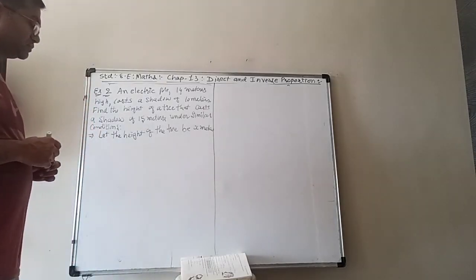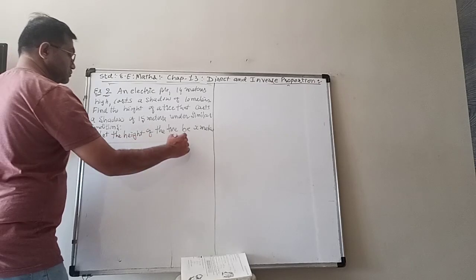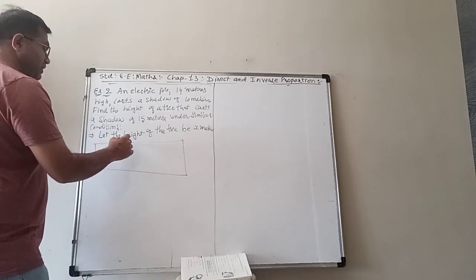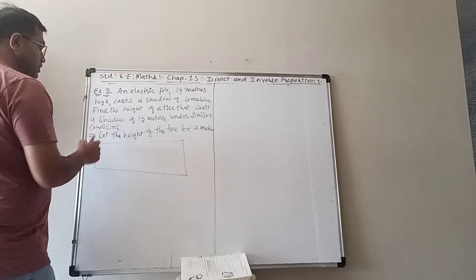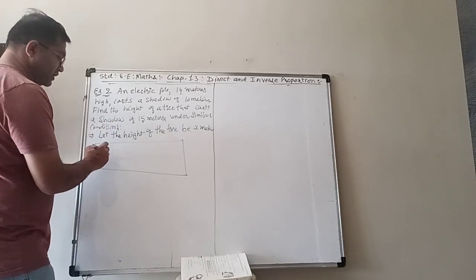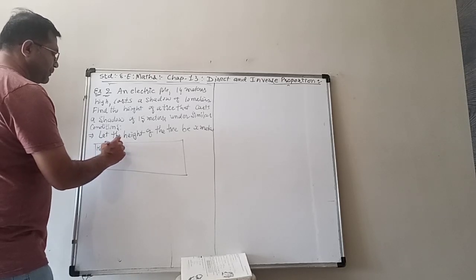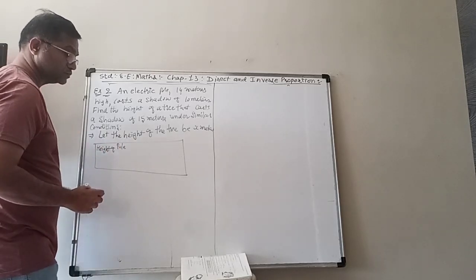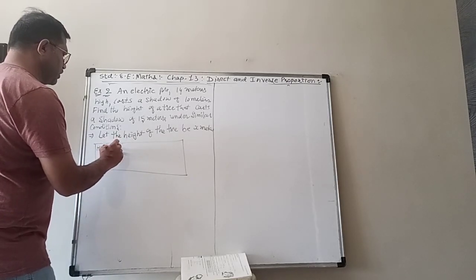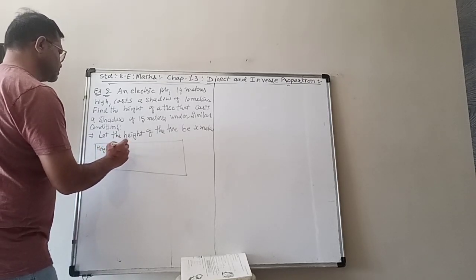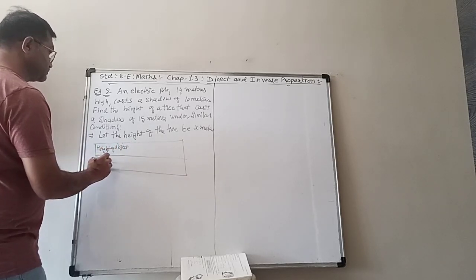So now we can make a table. Tabulation is very easy. Here we will write height of pole or object, and length of shadow.